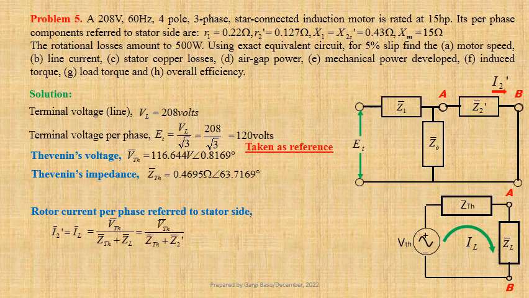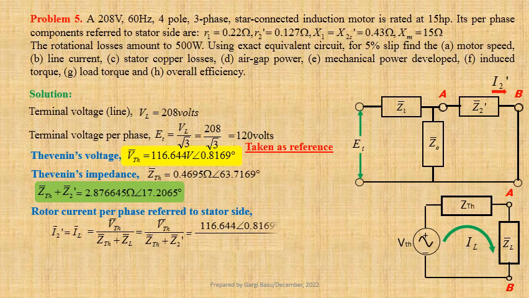We have computed Zth plus Z2' equals 2.876645 ohm at an angle 17.2065 degree.